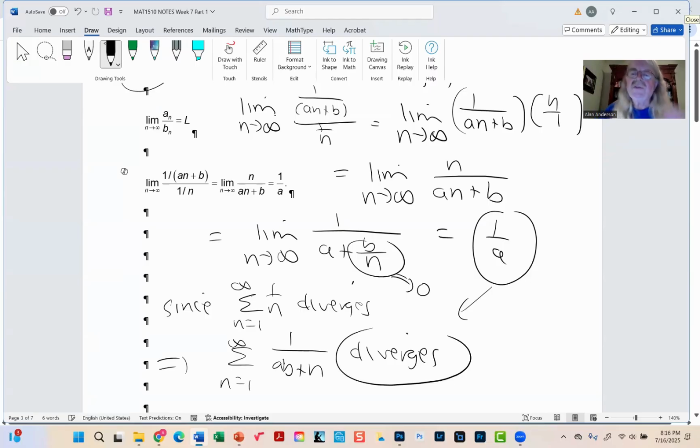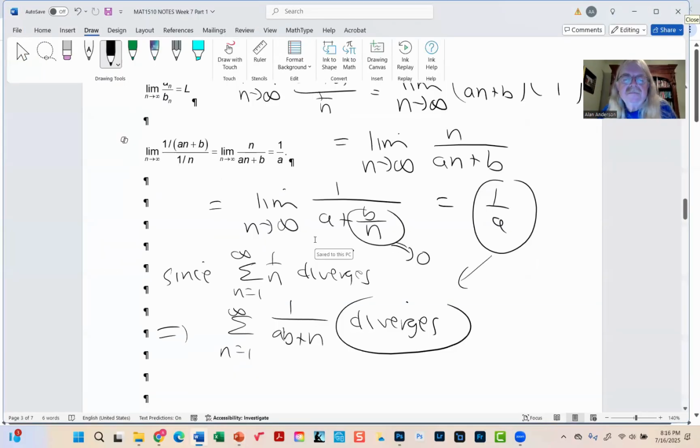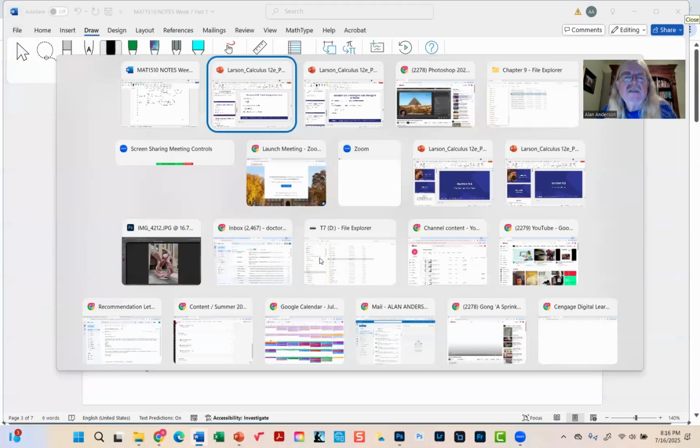So they both diverge. Okay. In other words, it has to be both. We can't have a mixture. It's either they both converge or they both diverge. Okay, great.